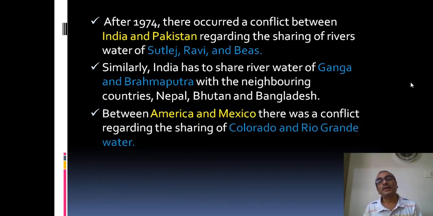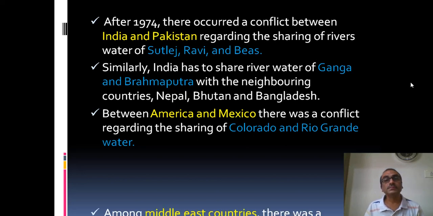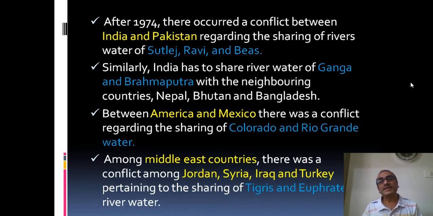Similarly, in America and Mexico, there was a conflict over Colorado and Rio Grande water. These are the two major rivers, and these rivers are now shared between these two parts of America. In the Middle East, similarly, the Tigris and Euphrates are rivers which run across the Middle East, crossing Jordan, Syria, Iraq and Turkey.